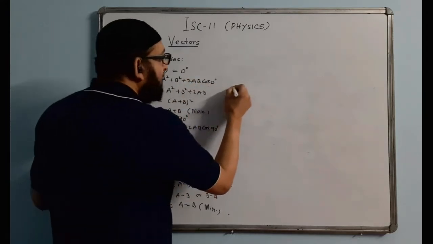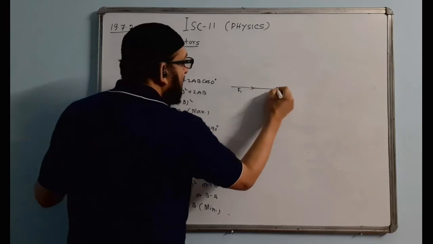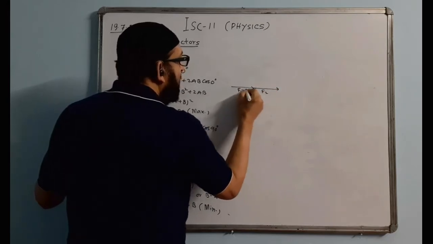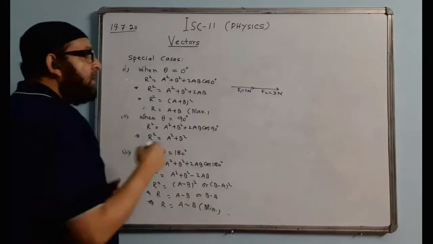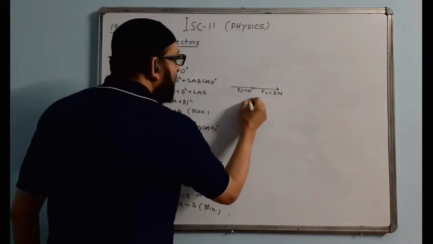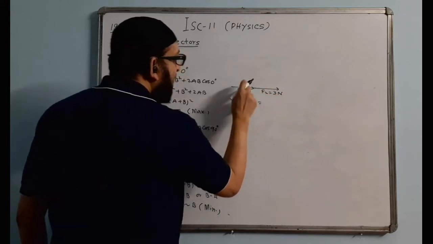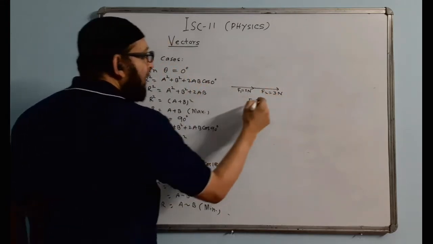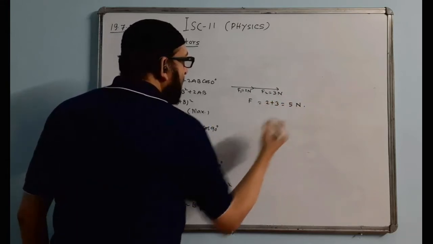For a practical situation, suppose F1 is like this and F2 is like this. F1 is 2 Newton, F2 is 3 Newton. What will be the resultant force? Because they are in the same direction, the angle between them is how many degrees? 0 degree. We will simply add their values. 2 plus 3 becomes 5 Newton.